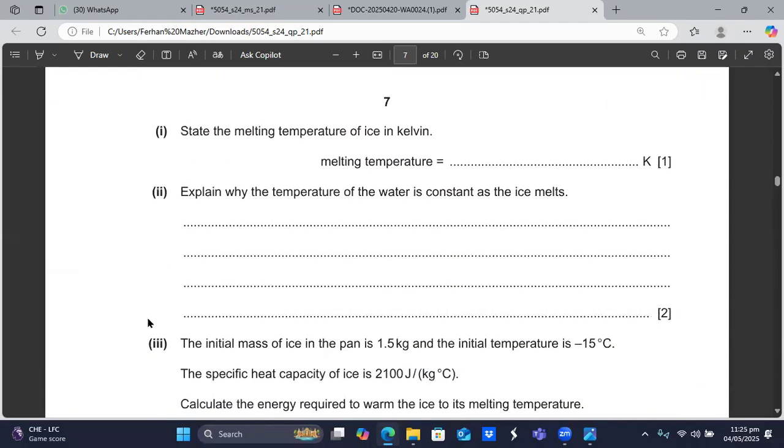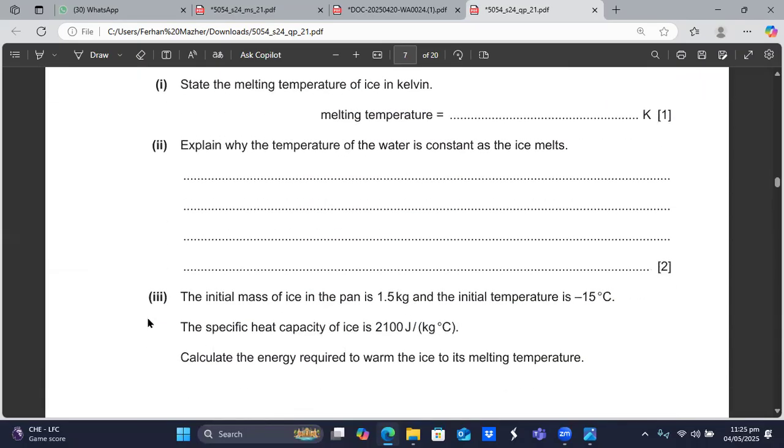State the melting point temperature of the ice in Kelvin. You know, in degrees centigrade the melting point of ice is 0 degrees centigrade, but they are asking you to convert this into the Kelvin scale. If you want to convert degrees centigrade into Kelvin, you add 273 to it.